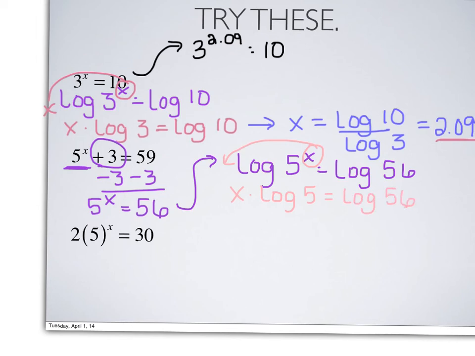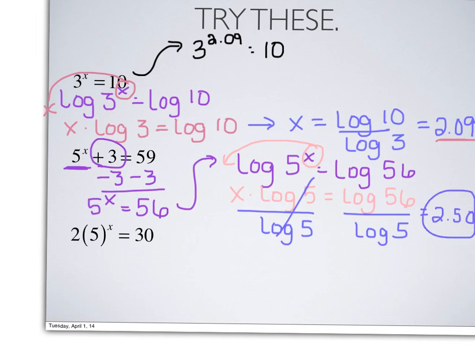And then I'm going to end up dividing by that log 5. That's gone. This piece I'm going to put straight into my calculator, which comes out to be equal about 2.5. Okay, is my final answer.